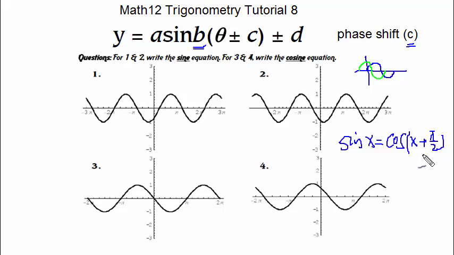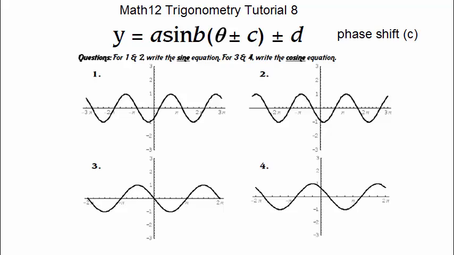If you don't know these things, please go back to check the Math 11 trigonometry tutorials, where we have a very detailed explanation. So that means sine and cosine functions are convertible to each other by using a simple phase shift.